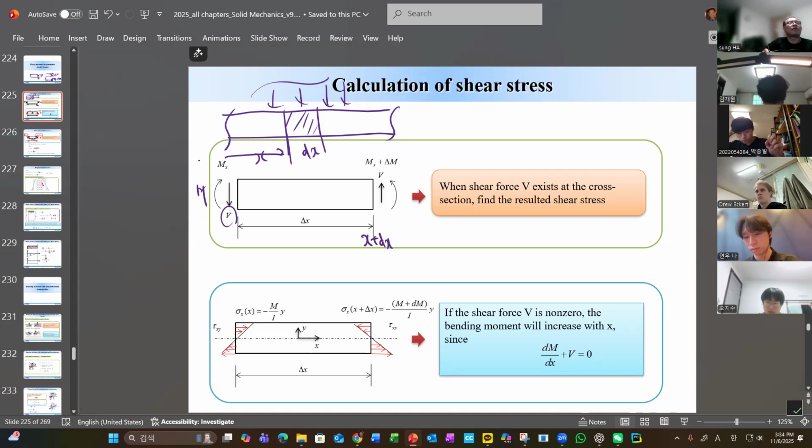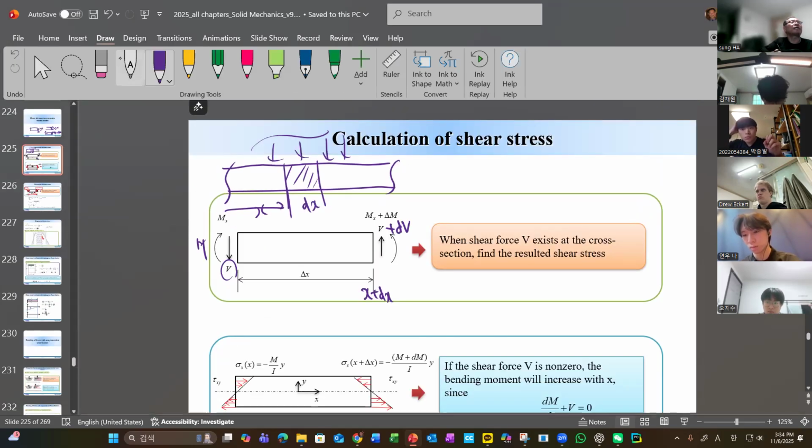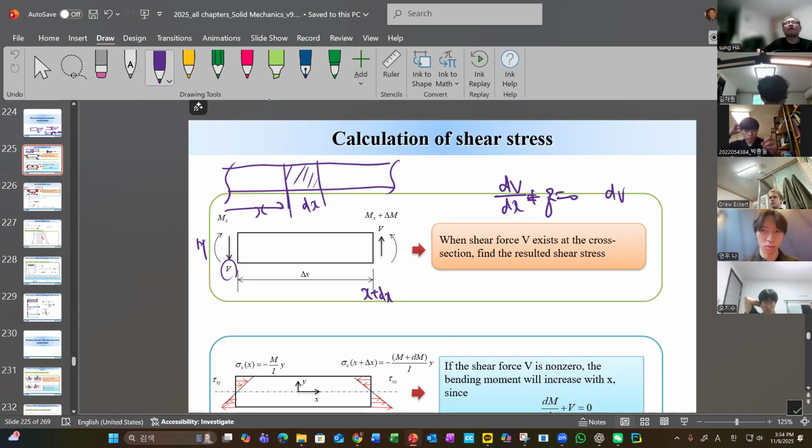The reason we don't have a dV is that we could have it, but we just neglect the shear force in these regions. Then dV/dx plus q equals zero. This was the vertical equilibrium, dV minus q dx.